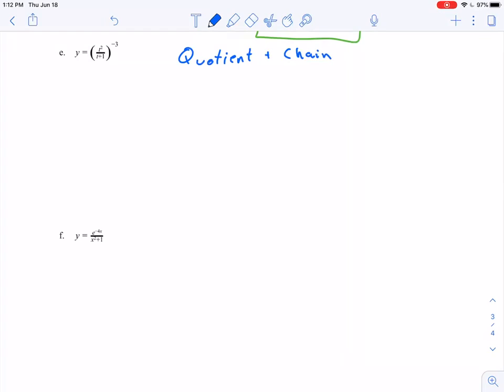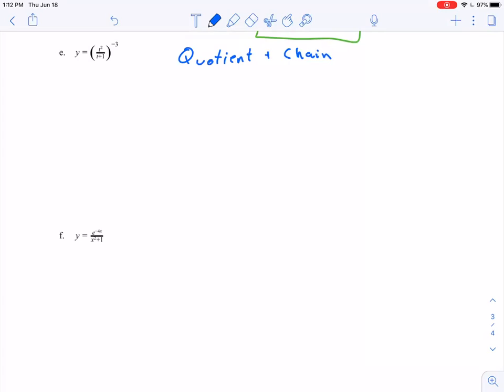And some of these you can kind of look at, and I've always viewed them as having one derivative rule inside of another derivative rule. So I look at this, I see a quotient rule inside of a chain rule. You can actually say quotient inside of chain if you need to.